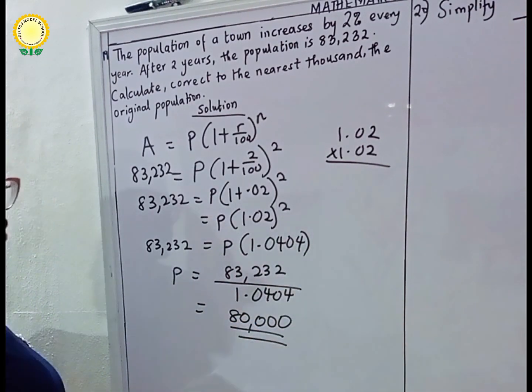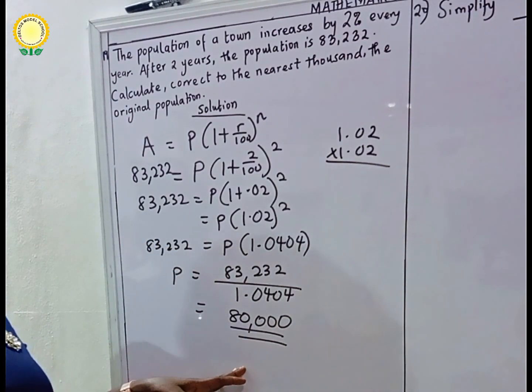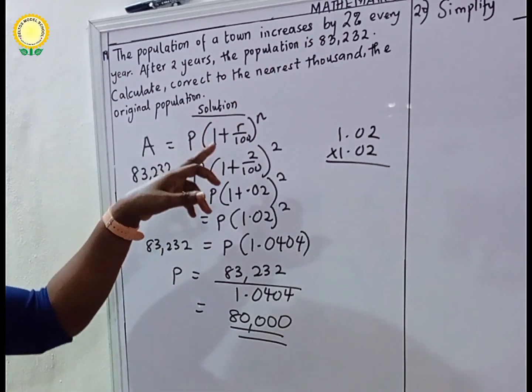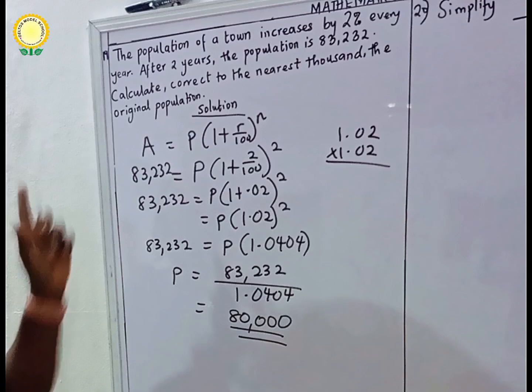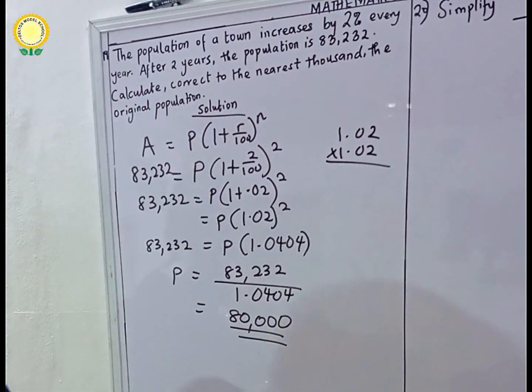So the original population is 80,000. I hope that's clear. All right. So remember, this 1 represents what? It represents the 100% I was trying to explain earlier.